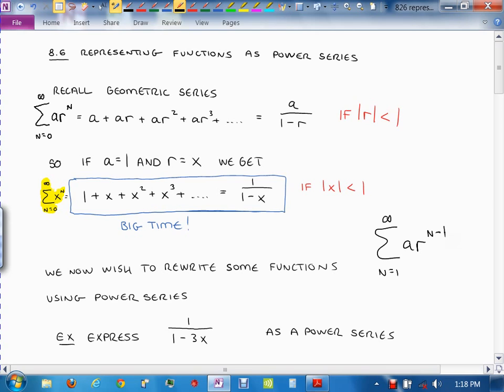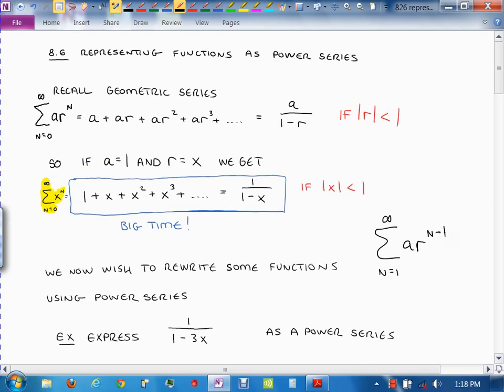All right, so now, if we replace the a in the problem with 1, and we replace the r with x, then we get 1 plus x plus x squared plus x cubed forever. Agreed? And that should turn out to be a over 1 minus r, which is going to be 1 over 1 minus x, as long as the absolute value of x is less than 1.